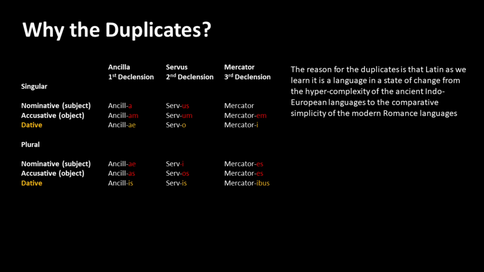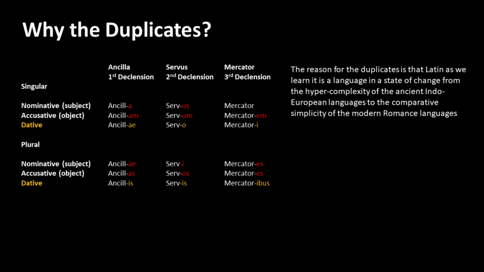Something that happened in Latin between about 200 BC and about 400 AD, or during about a 600-year period, was a gradual shrivelling away of the case system.